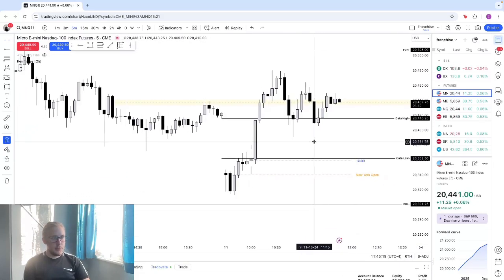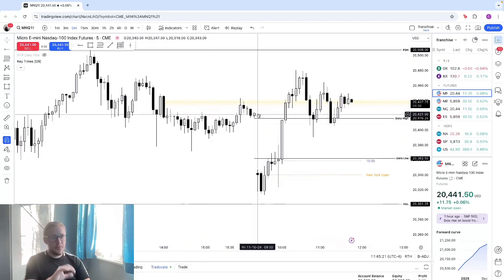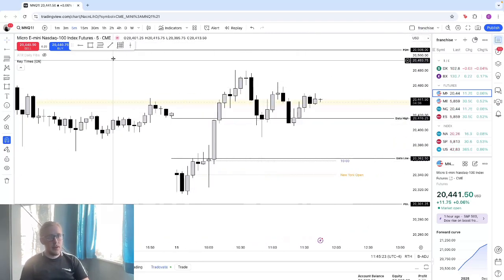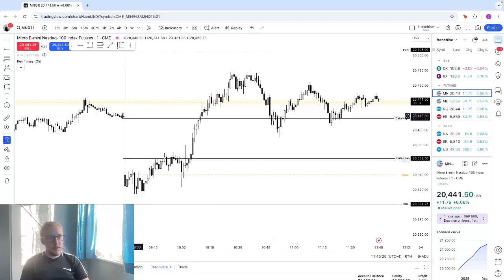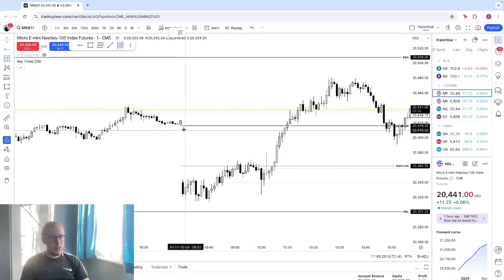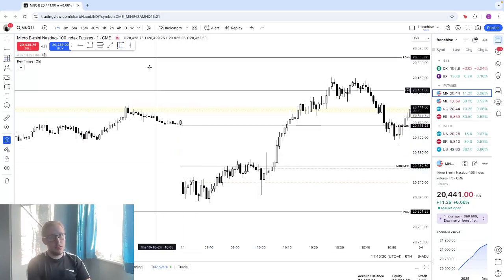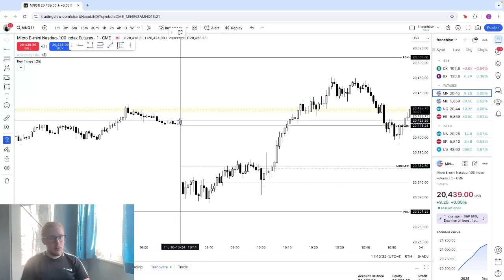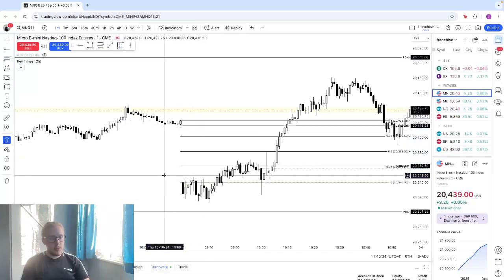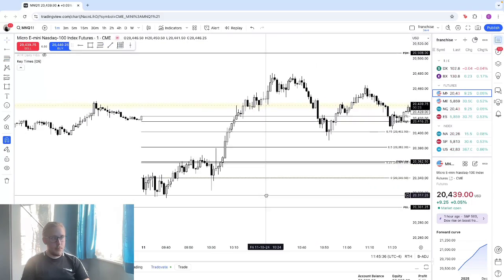And as you can see, we have a premium opening range gap. So we closed here. Open now. Bang.